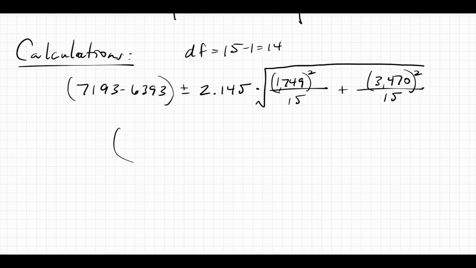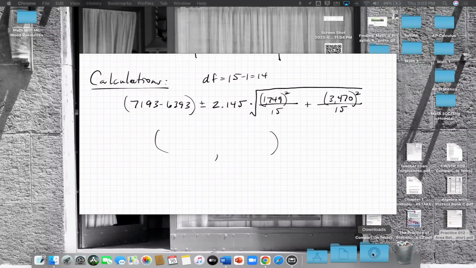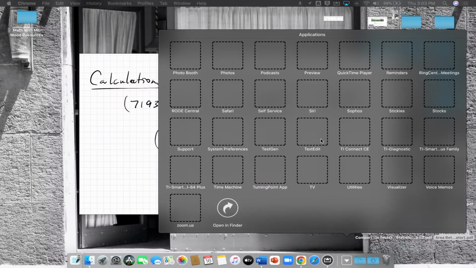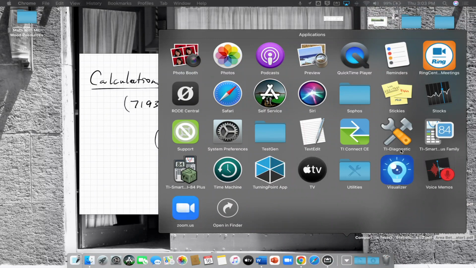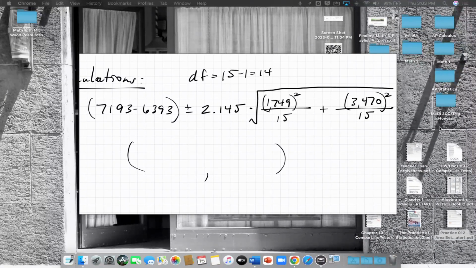Crunch that by hand, or we can use the calculator to determine the interval. Okay, so you should still be able to do this by hand, because on some multiple choice questions they want you to calculate that without just using the calculator.